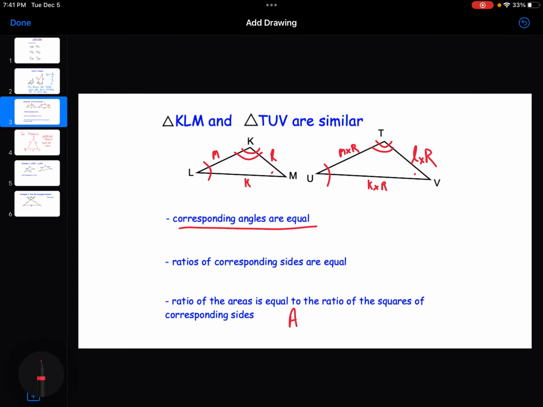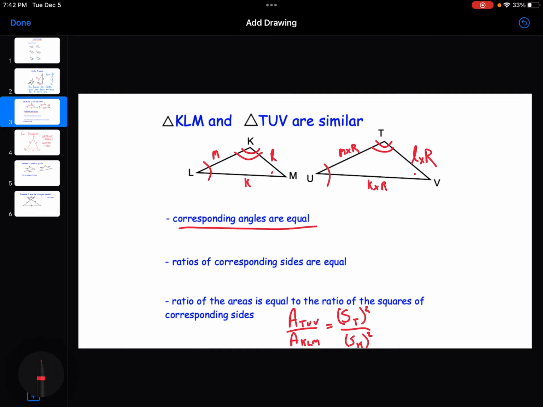So area of TUV over area of KLM is equal to side T squared over side, what side does T correspond to? K squared.